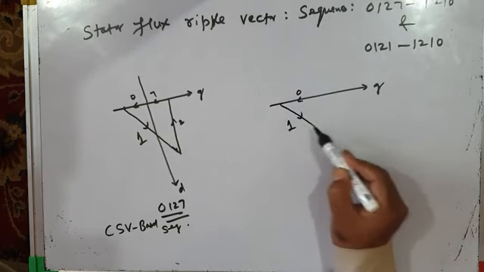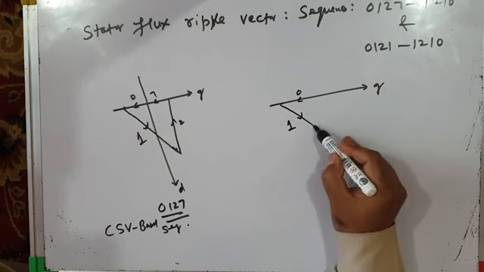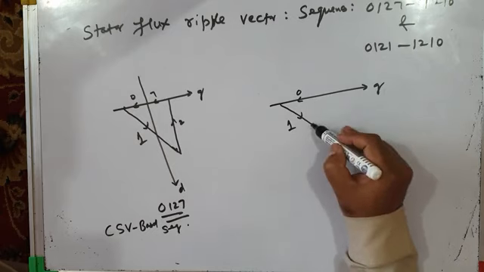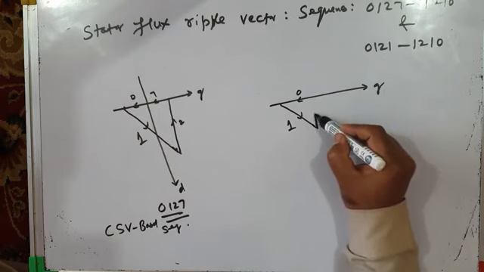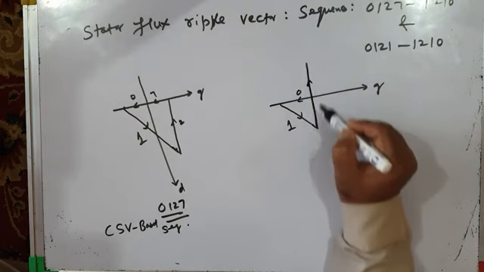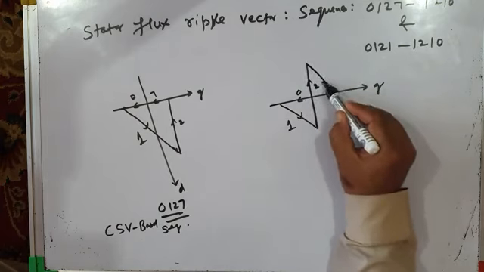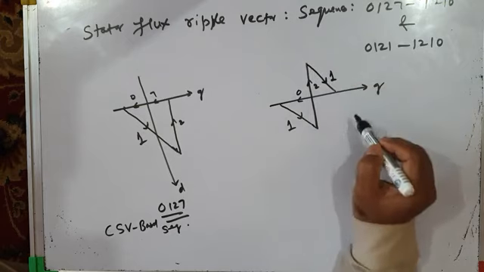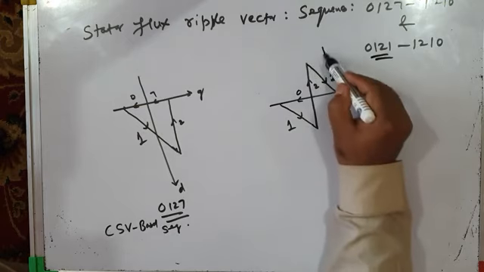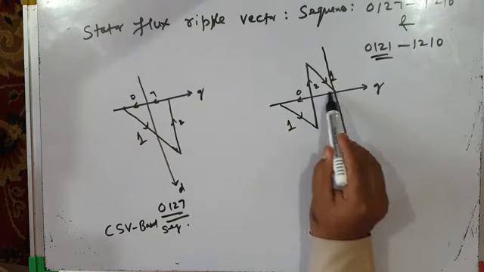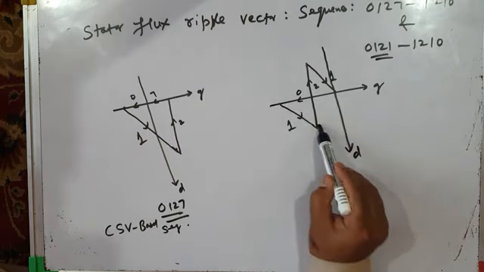Then 2 is used for the full time, T2. Then 1 is again used. So that completes this switching sequence. This is the D axis. So I will again repeat 0, 1, 2, 1.